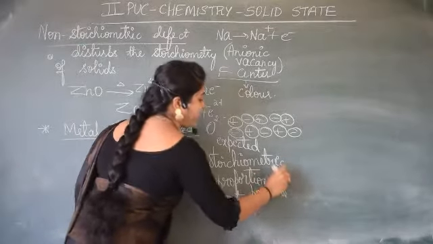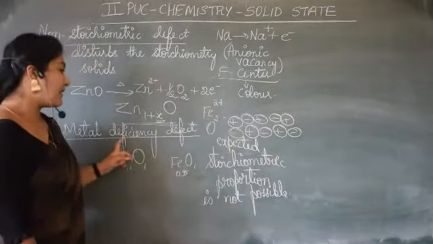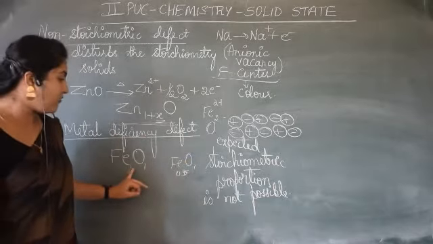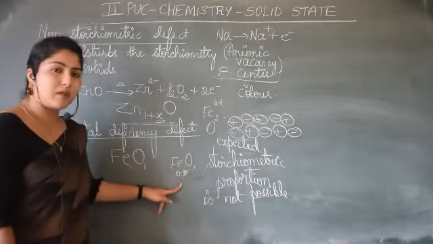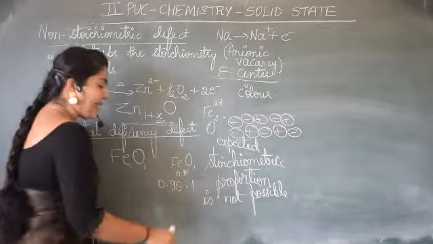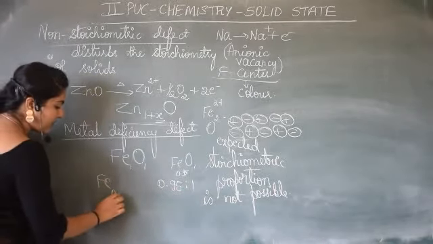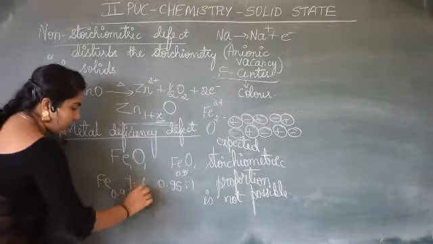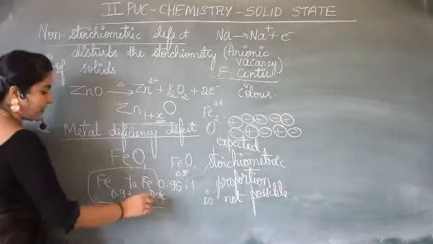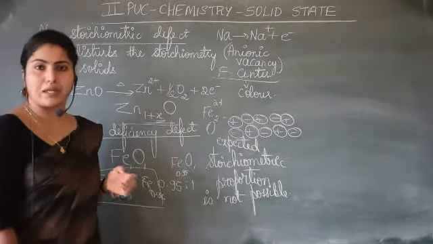And this leads to a defect where the metal ions will be less. This leads to a defect called metal deficiency defect. Example, FeO, where it should have been 1:1 ratio, but the ratio will be 0.95:1. And usually the expected range is Fe can range from 0.93 to 0.96 also. This is the expected range of its composition or proportion of that particular metal ion.